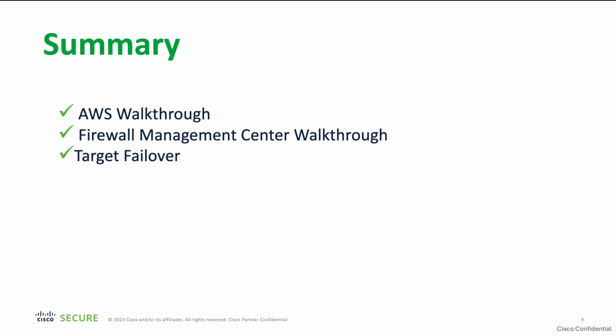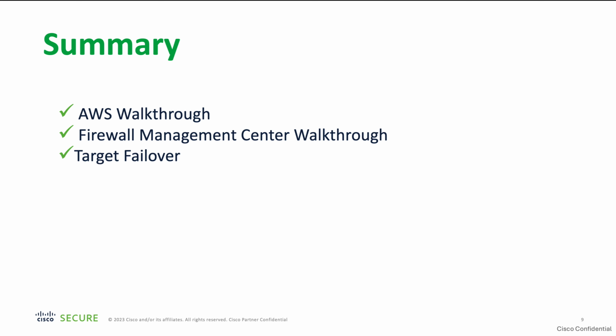That brings us to the end of this video. In this session, we explored the complete operational view of our FTDv cluster in AWS. We walked through the AWS environment to review all the resources deployed by two CloudFormation stacks, including the firewalls, autoscaling group, target groups, CloudWatch logs, gateway load balancer setup, etc. Then we switched to the FMC console to see how the cluster firewalls appear once onboarded.